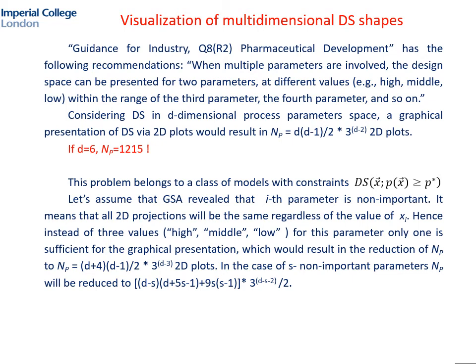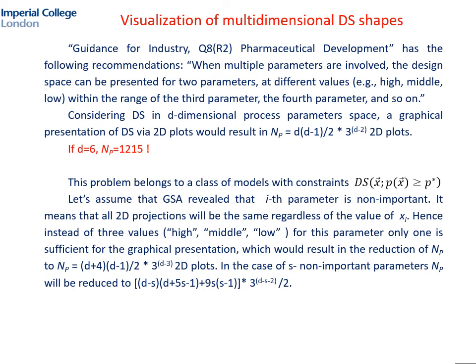We consider this problem of visualization as a class of models with constraints. We can apply global sensitivity analysis for constrained problems. And let's assume that this analysis would reveal that the i-th parameter is not important.